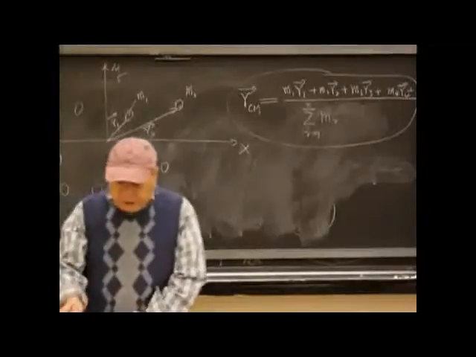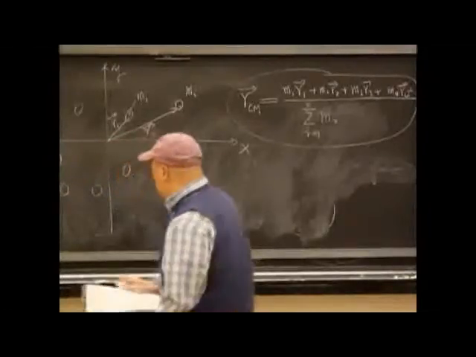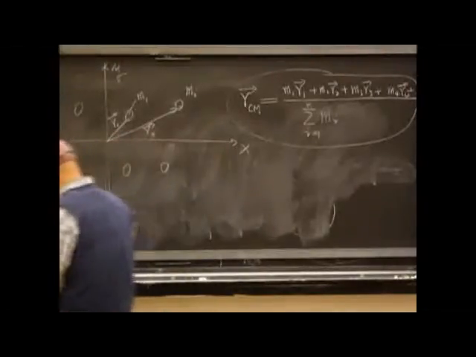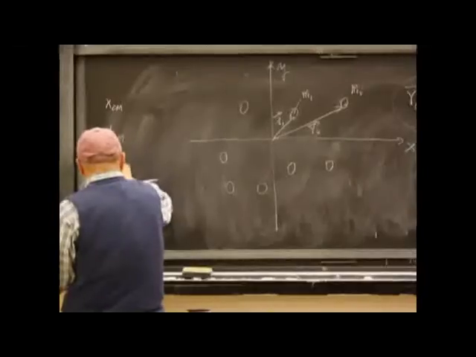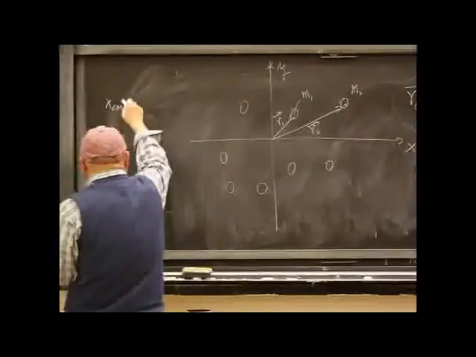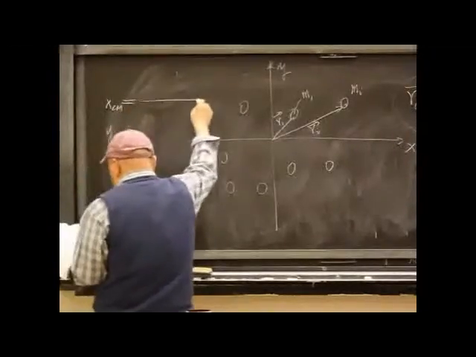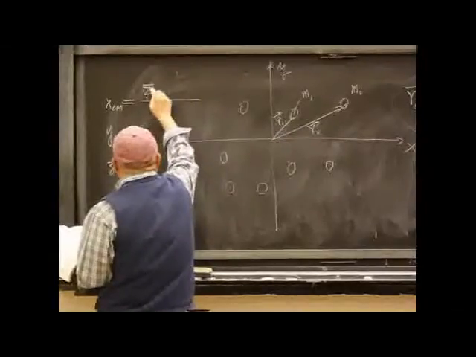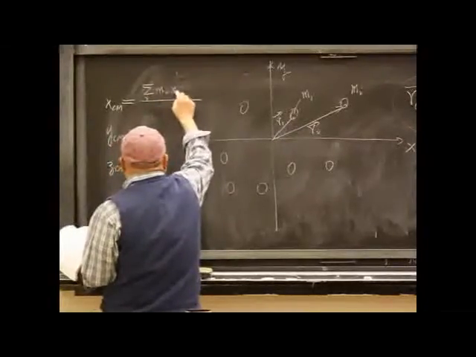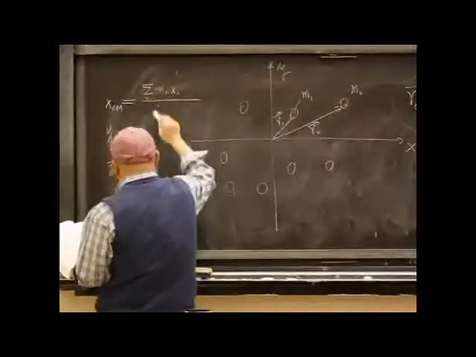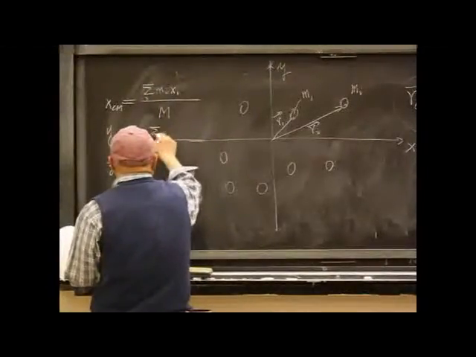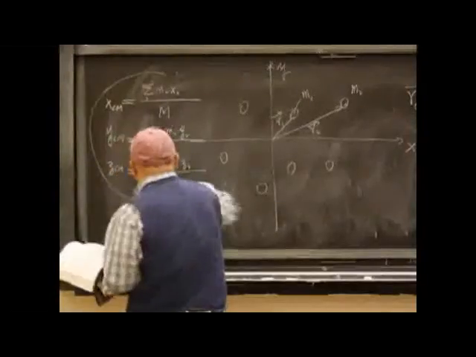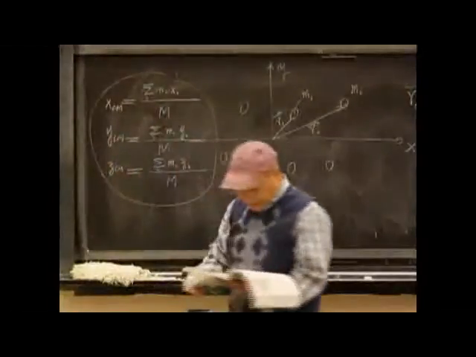And if you see it in 1 dimension, you write it in x, xcm or ycm, zcm, then it turns out to be the summation of mi xi, i equal to 1 to n, divided by M, and so on for center of mass in 3 dimensions.